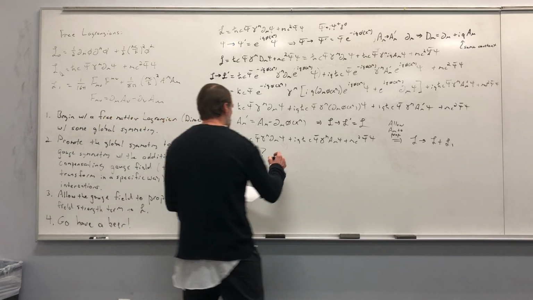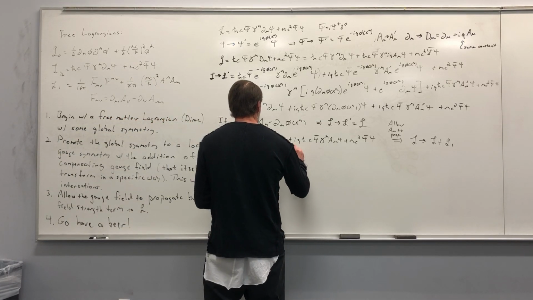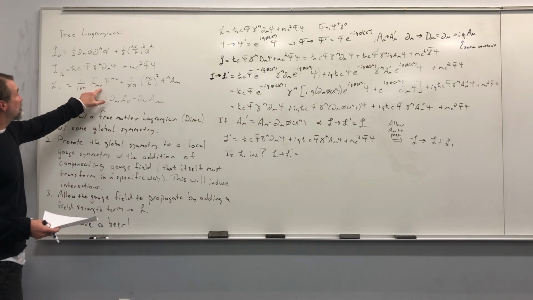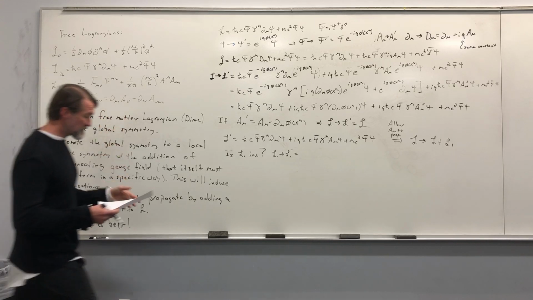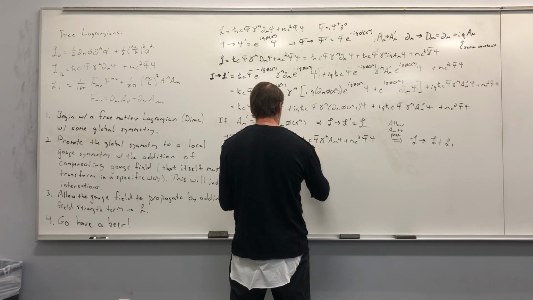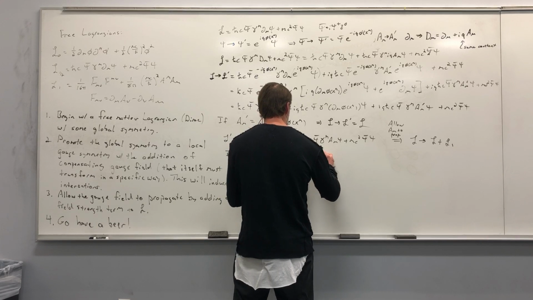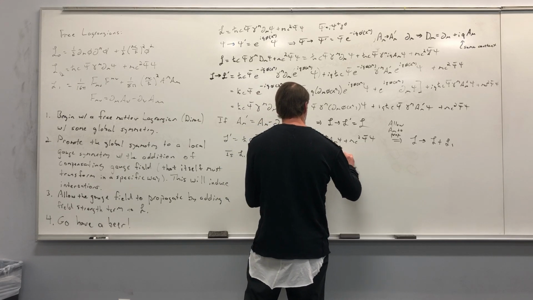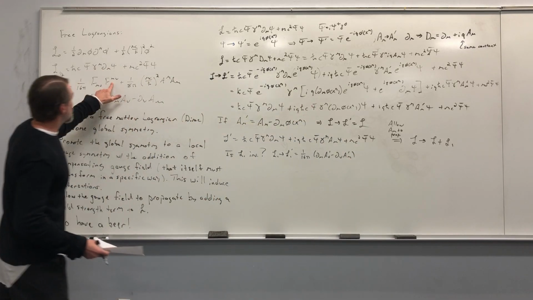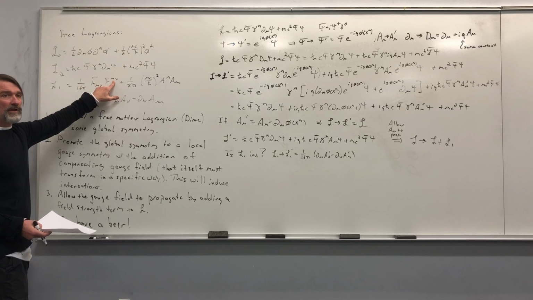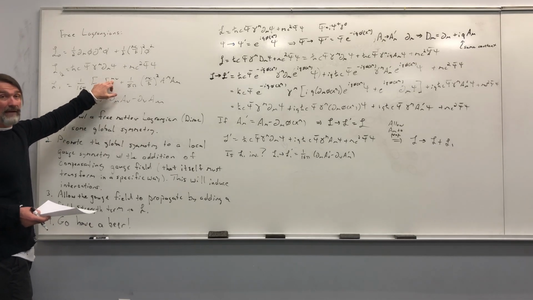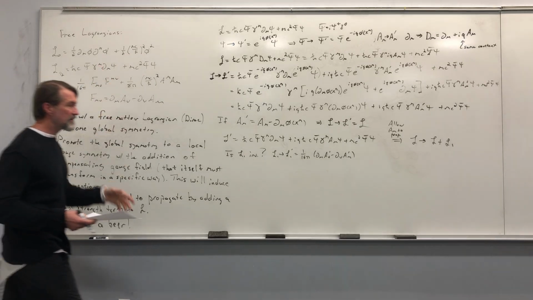Well, let's do it. L1 goes to L1 prime, and again, I'm just going to write out what the F mu nu components are in terms of these expressions. So this is going to be 1 over 16 pi, d mu A nu prime minus d nu A mu prime. And instead of doing F with two upper indices, I'm going to go ahead and translate these to lower indices. It makes more sense that way, but that means I'm going to have all these metric factors in there which raise the indices.